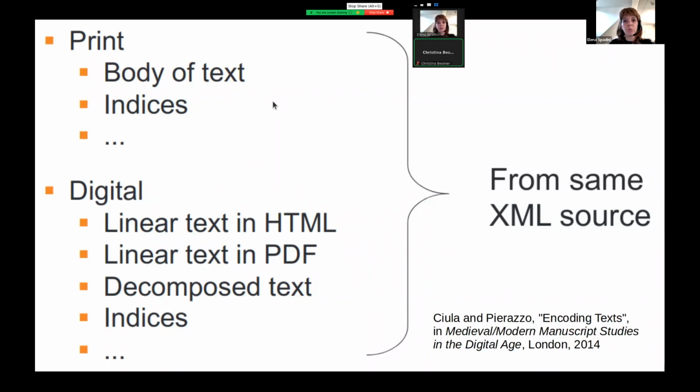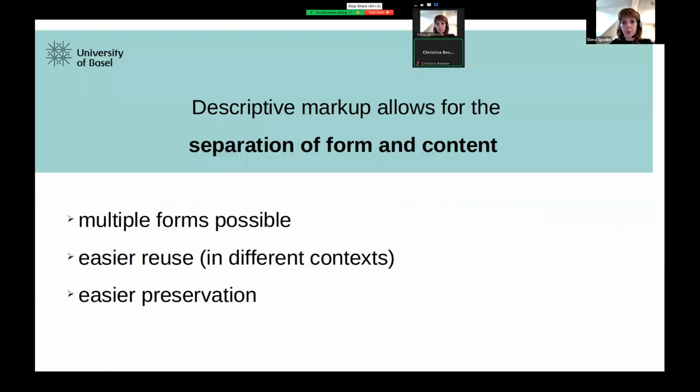For instance, you may want to print the body of the text and an index, or you want to transform the XML into different formats like HTML for an online rendering, a PDF, you want to decompose your text and reorder it, you want to create indices, etc.